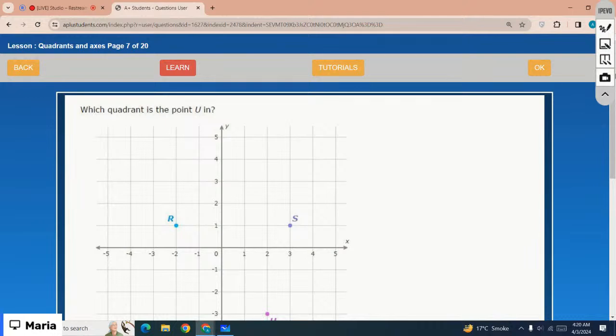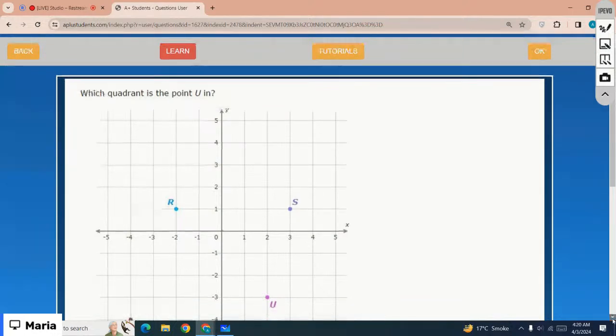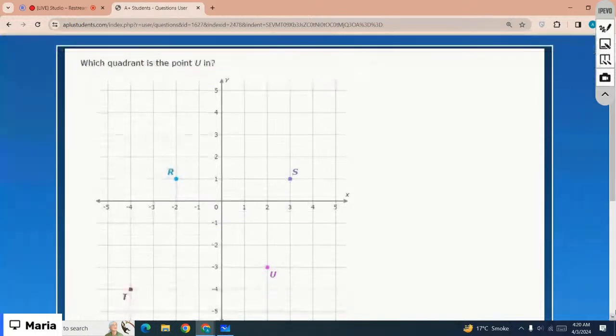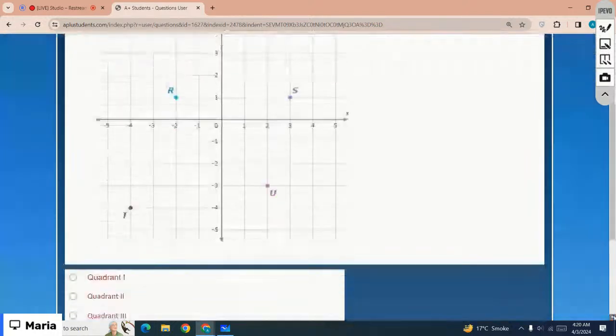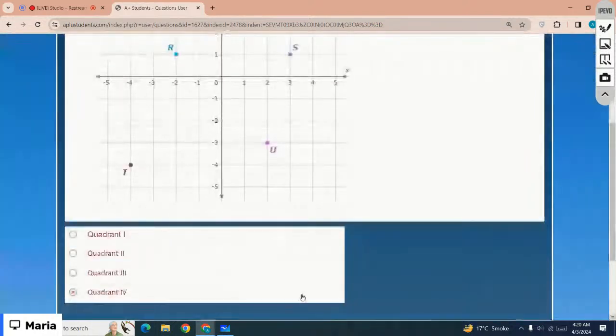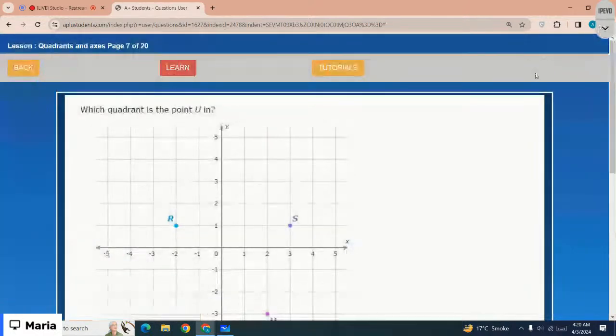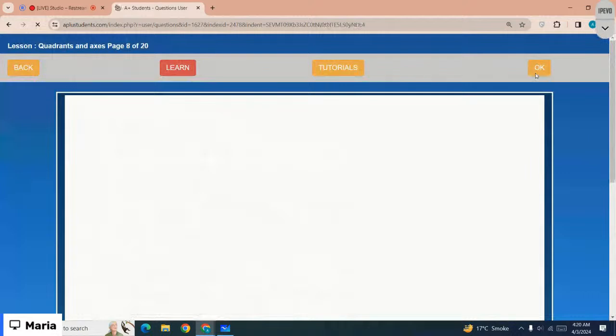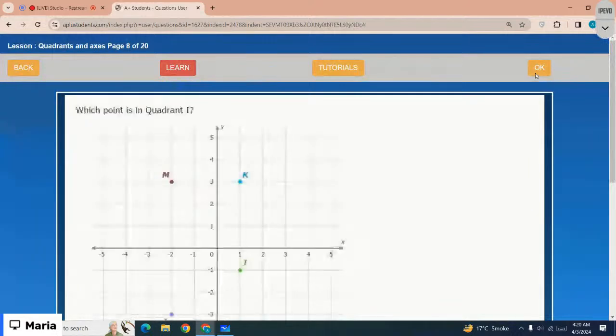Okay, let's see where U is. Here it is. U is in the fourth quadrant. The correct option is quadrant 4, right? Okay, you can complete the lesson by yourself later today. Let's move on to the next lesson.